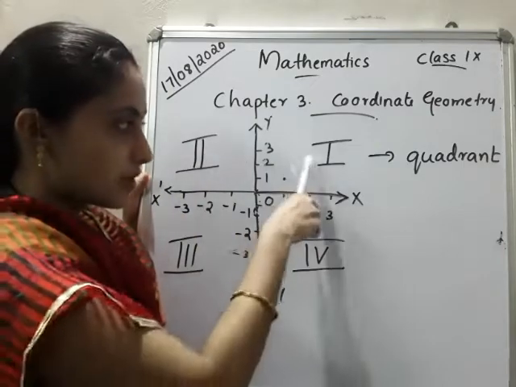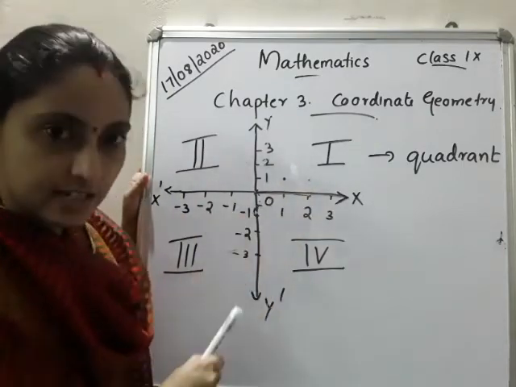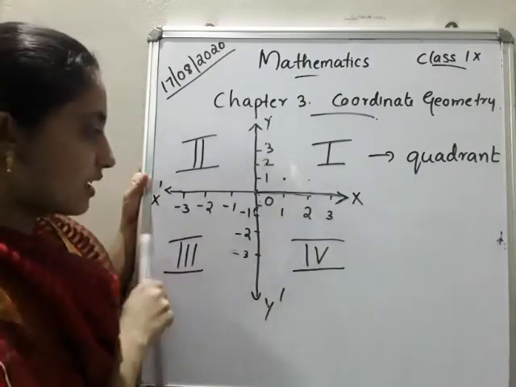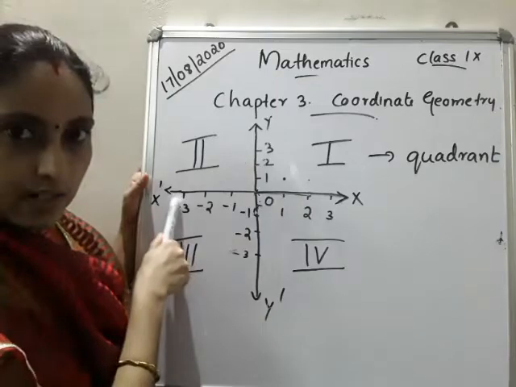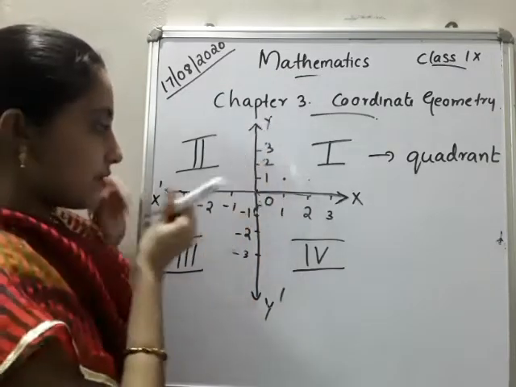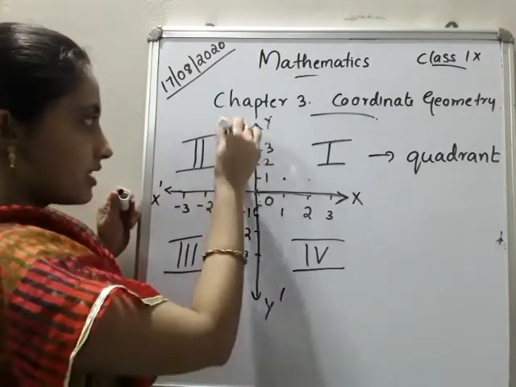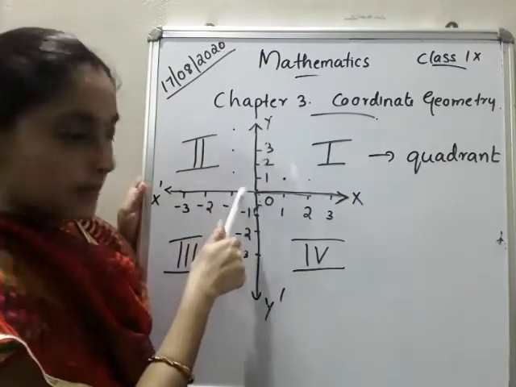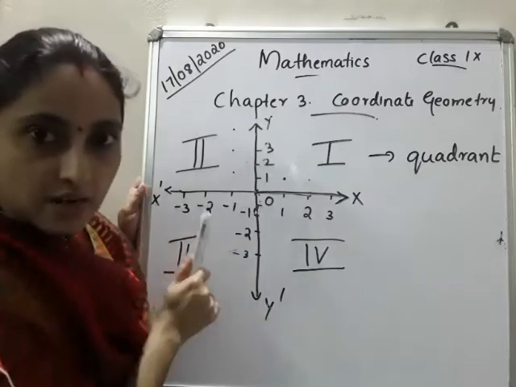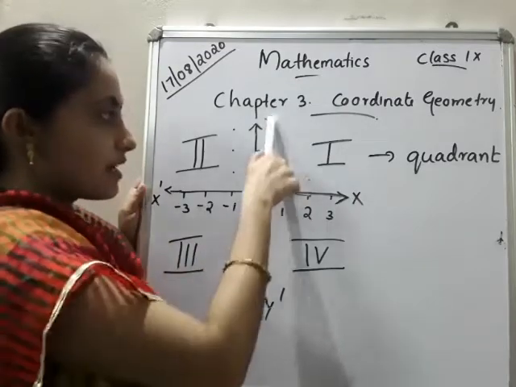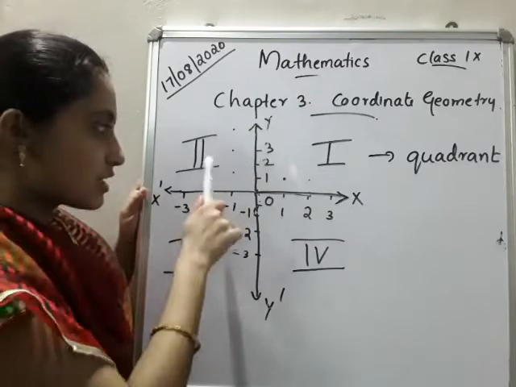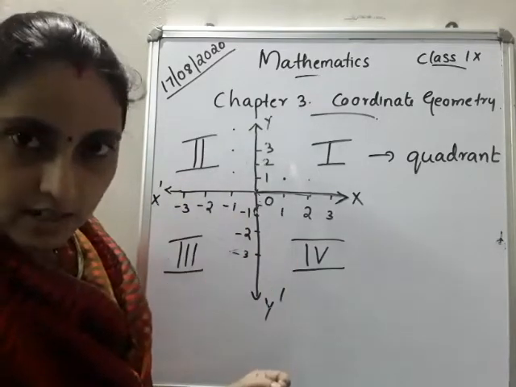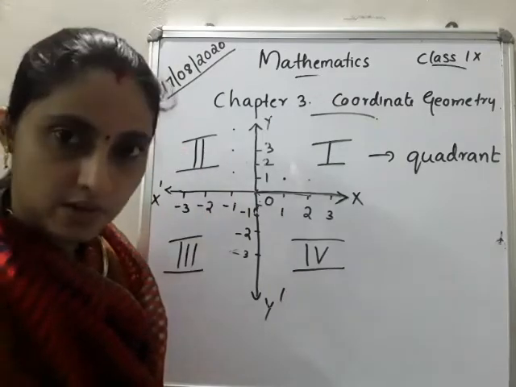Once again, in the first quadrant, the X coordinate and Y coordinate are both positive. In the second quadrant, wherever the point is taken, the X coordinate is always negative, but the Y coordinate is positive.